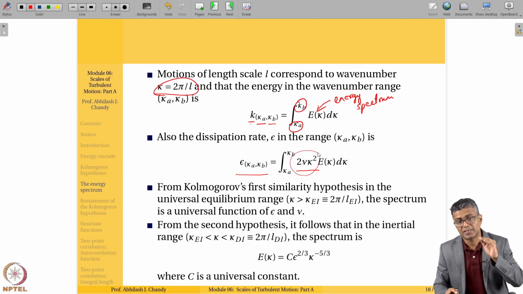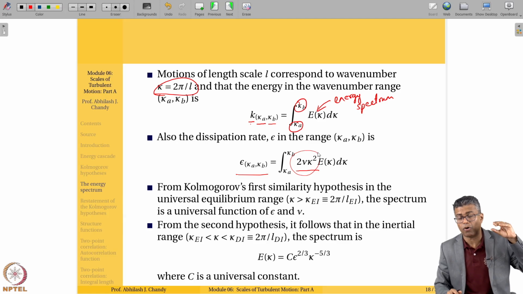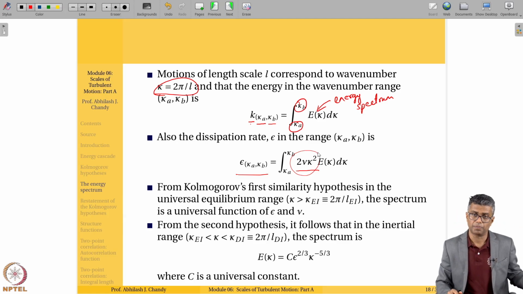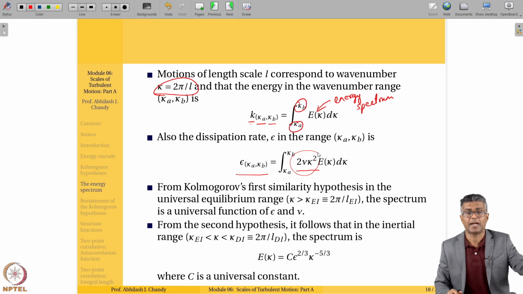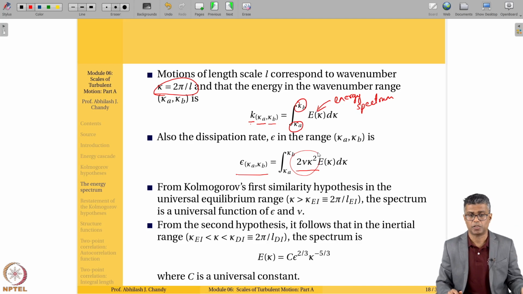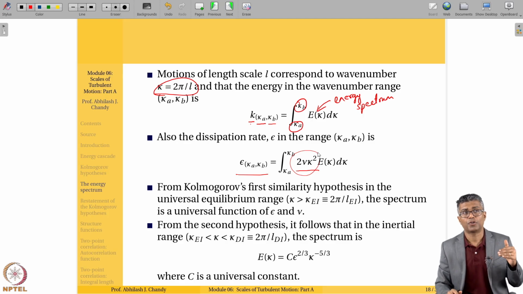The integral, the area under the curve, of the energy spectrum function is the turbulent kinetic energy. And the integral of 2 nu kappa squared times the energy spectrum function is the dissipation. So that's your definition for the turbulent kinetic energy and the dissipation.